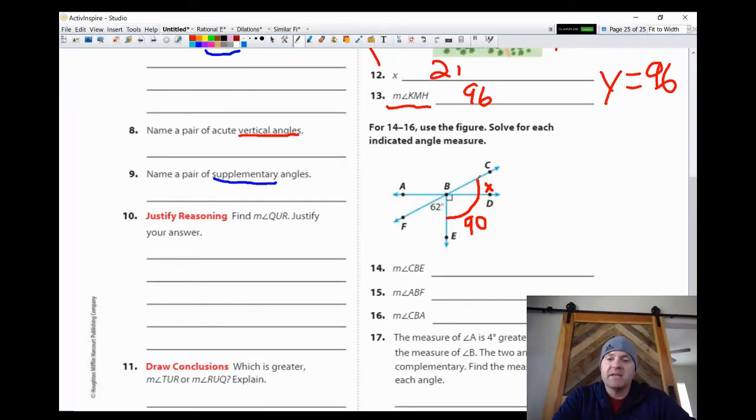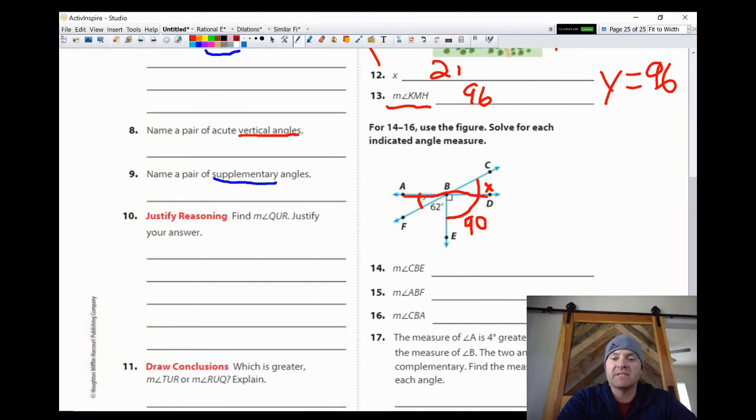I know this little tiny piece is vertical with this. Those are vertical angles. How do I find that? Well, here's my straight line. That's a straight line. So I know that 90 plus 62 plus something is equal to 180.